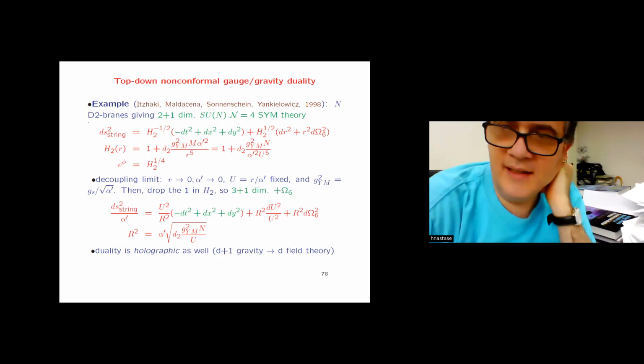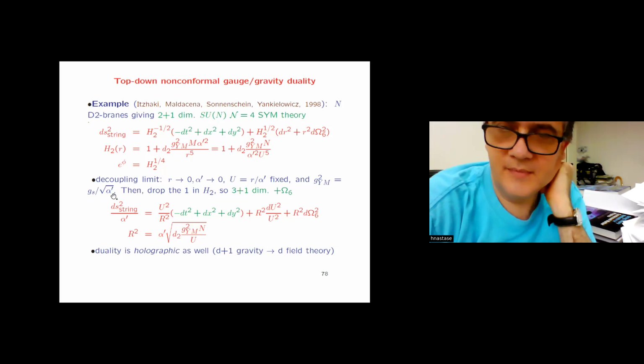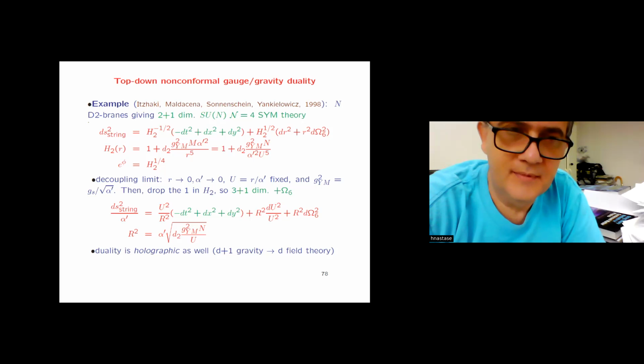The one difference now is that the relation between g Yang-Mills and g string, since we are in 3 and not in 4 dimensions, also involves the dimensional quantity alpha prime. So g squared Yang-Mills is g string over square root alpha prime. Accordingly, g squared Yang-Mills has mass dimension 1.